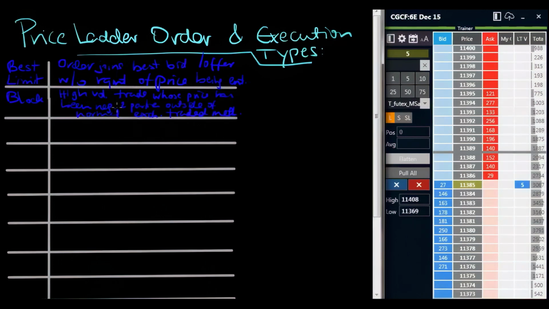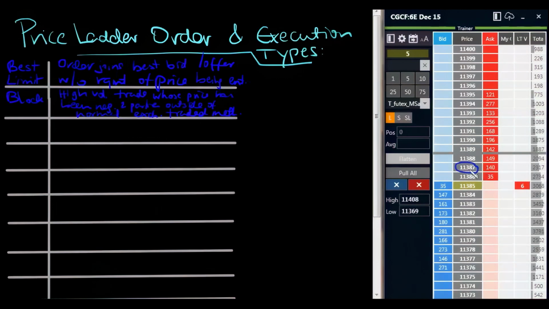Now, what usually happens with this is, let's say a big bank with another bank, they agree to trade at a certain price. If we're looking at the Euro FX, for example, they say we want to trade on spot at 1387. So when the price gets to that area, they'll block trade, and a trade of, let's say, 800 or 500, maybe even 2,000 lots, will go through the market.